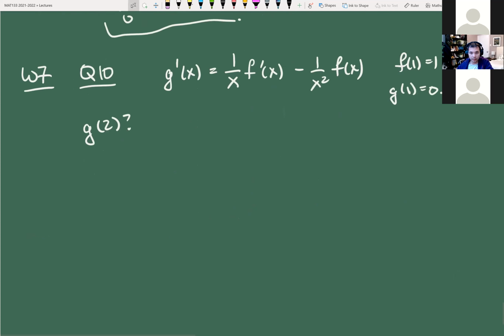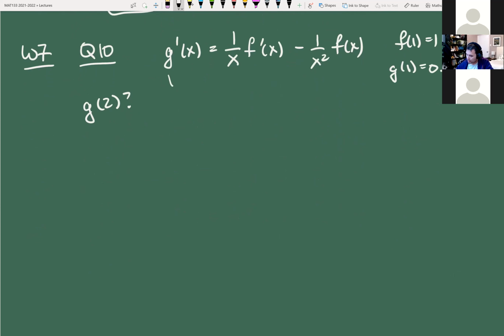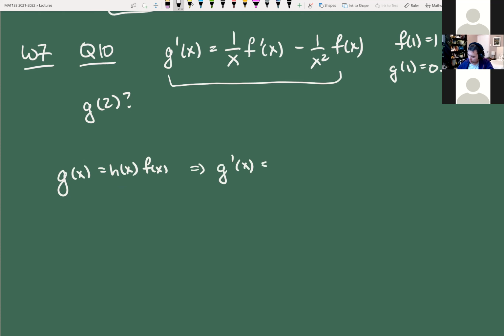So the trick here is to say, okay, this looks like a product rule, right? So let's say that g of x is some function h of x times f of x, but we don't know what h of x is. If we differentiate this, we get g prime of x is h of x f prime of x plus h prime of x f of x.